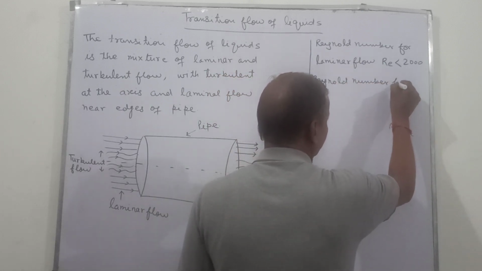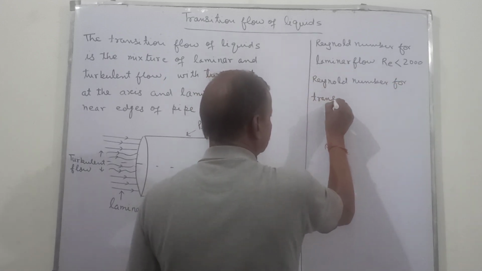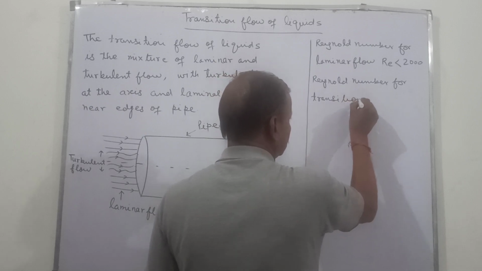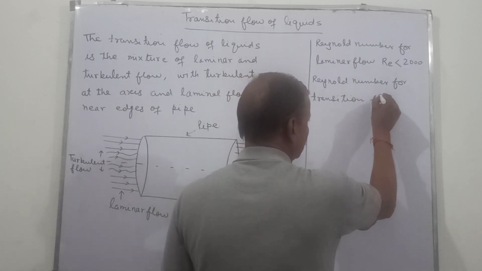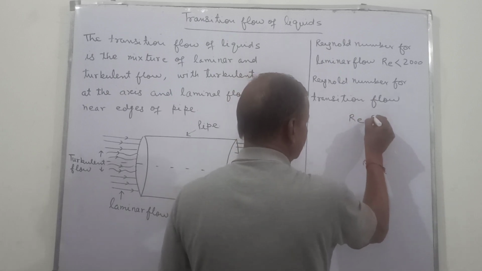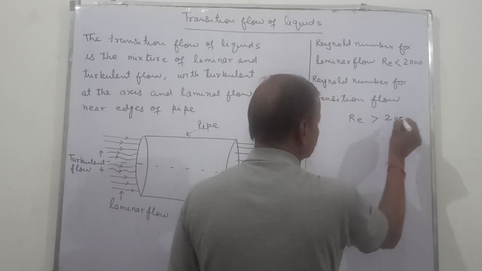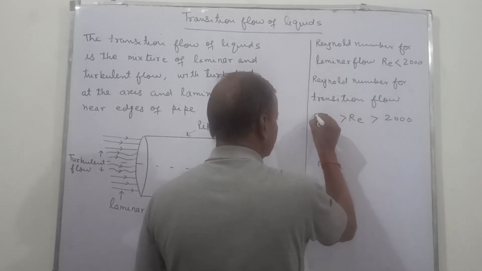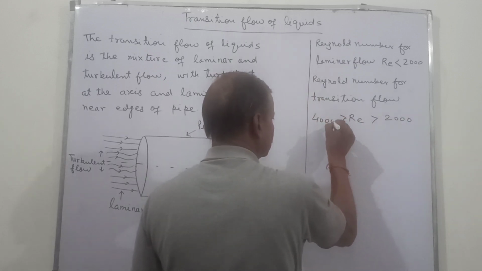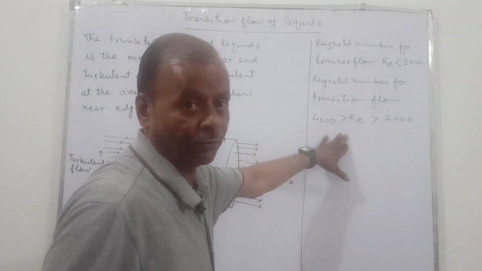Reynolds number for transition flow. Now this Re is greater than 2000 but less than 4000. This is the transition flow.